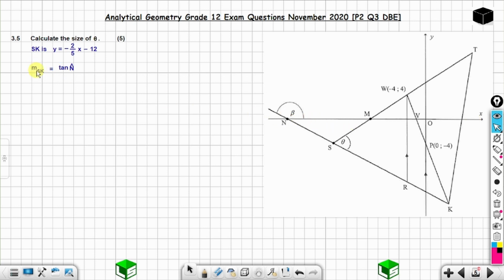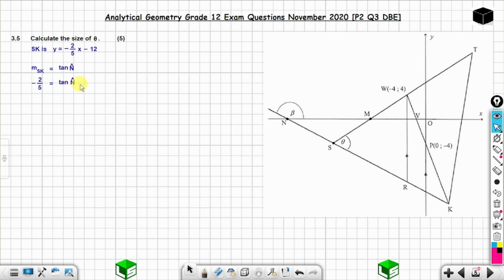So the gradient of the line SK, negative 2 over 5, is equal to the tangent at n.